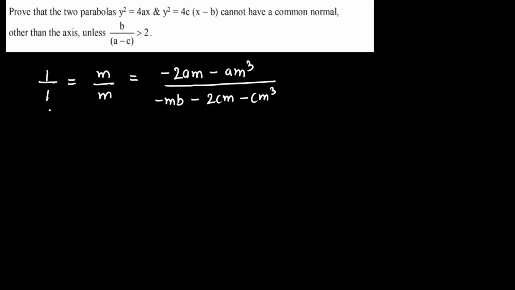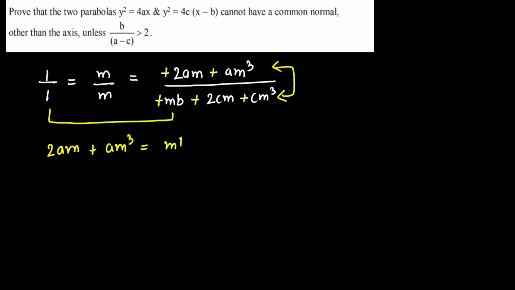So here I'm going to compare first and last. That means these two values are equal as they are. And I'm going to remove the negative signs from both sides. So we'll get 2am plus am cube is equal to mb plus 2cm plus cm cube, sorry.